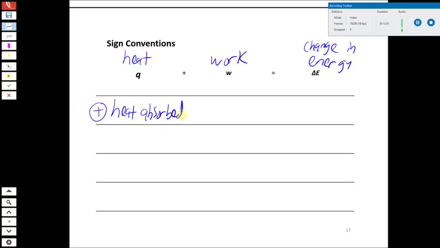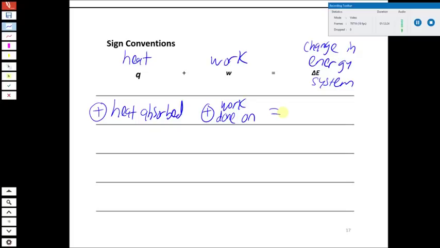And then if we have a positive work term, that would mean that work is done on the system. So our reference point in this is always the system. We're measuring delta E for the system. And so if W is positive, that means that work is done on the system. And if Q and W are both positive, that must mean delta E is positive, right?